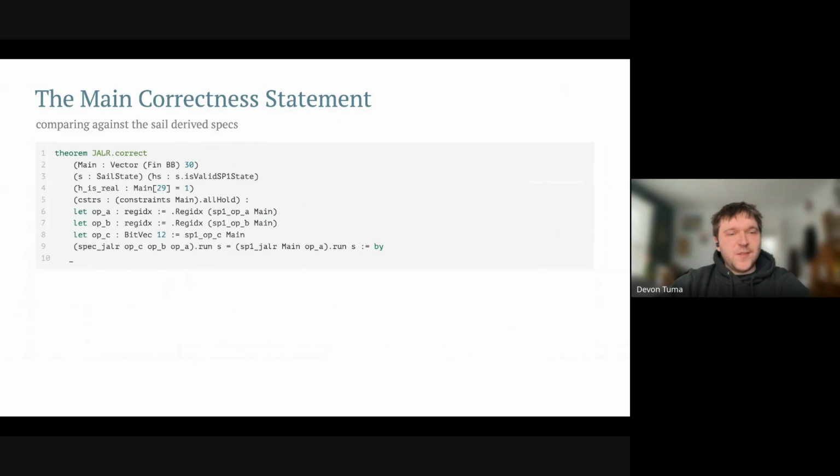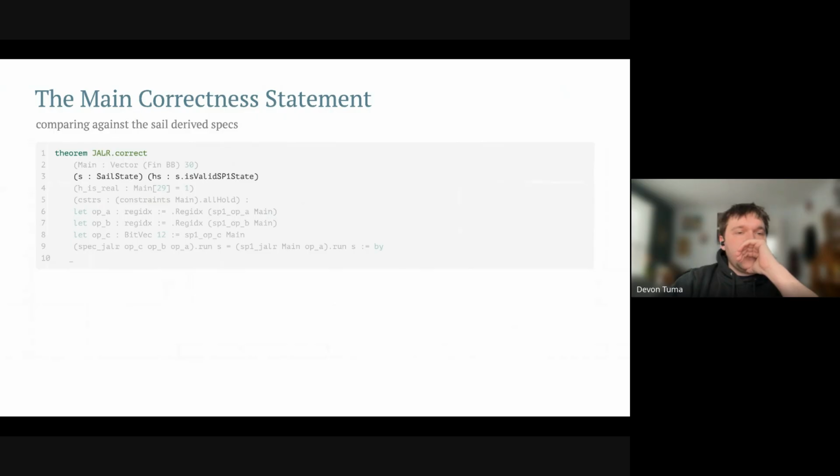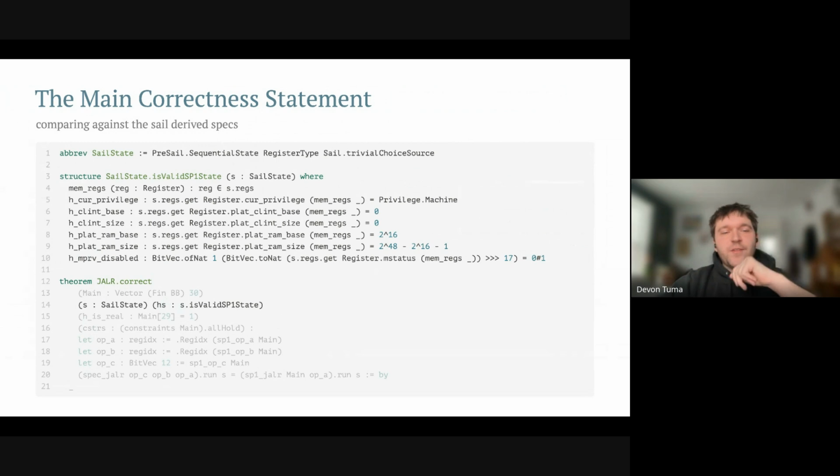It's maybe a little misleading, but the main statement for each of our operations will say something like: we have this Sail state, which is an abbreviation for the pre-Sail sequential state. This is the standard Sail monad state, which is essentially just a map from registers to values and memory addresses to values.